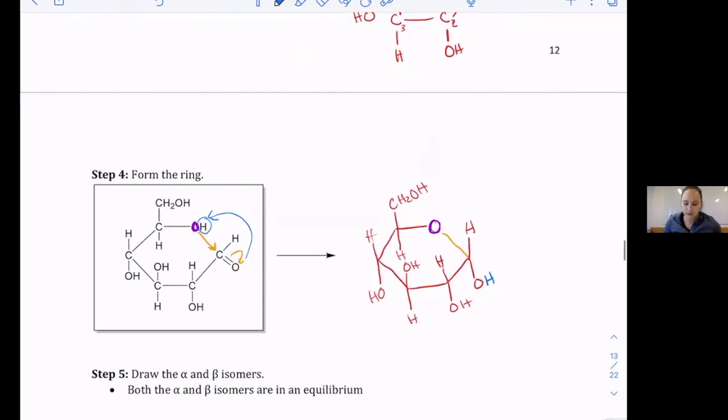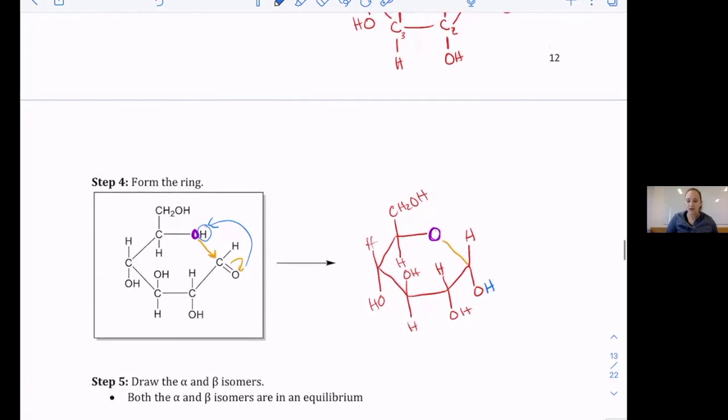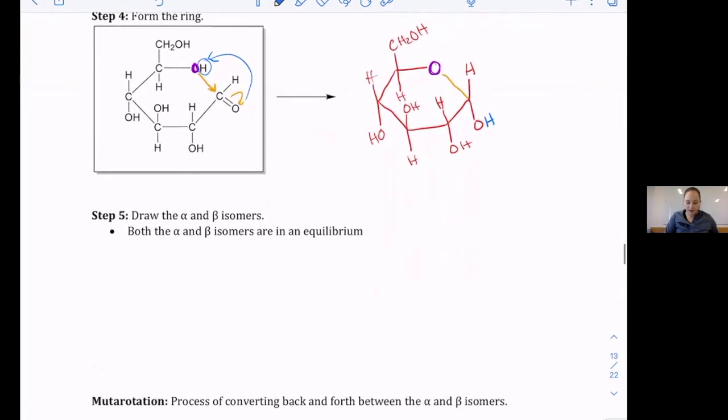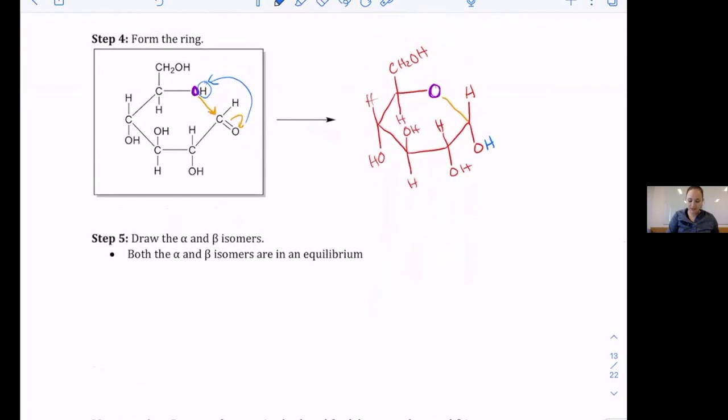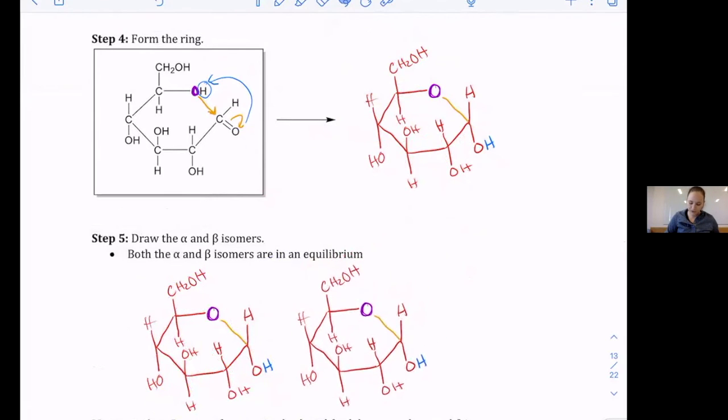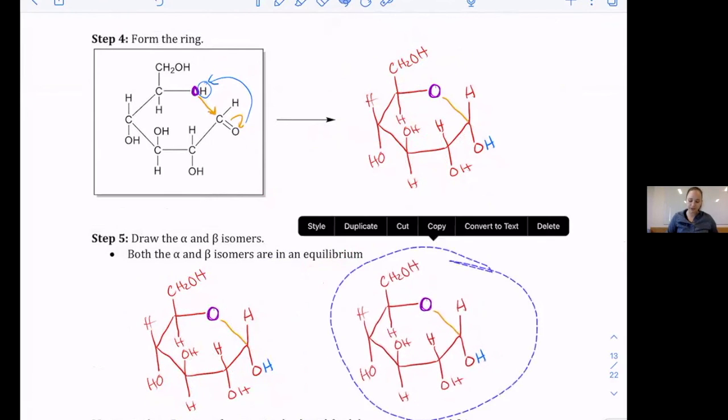So when we do this, you'll see step 5 is to draw both the alpha and beta isomers. So I'm going to copy this structure and put them down here. I'm going to put two of them to show you the difference between the two structures.